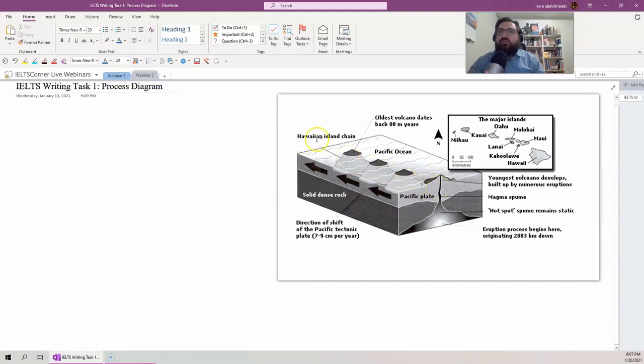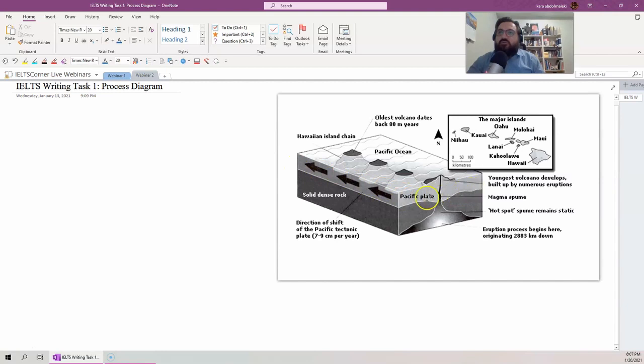It shows that the oldest volcano was created 80 million years ago. So this is the oldest one, and then we are moving in this direction.